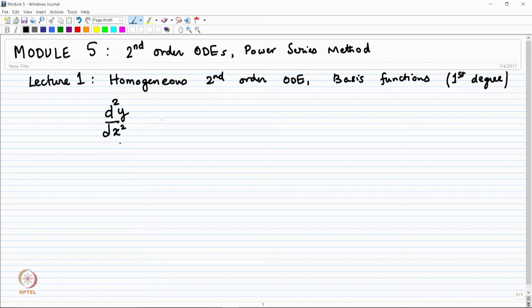Now, if you had a homogeneous second order ODE, then each term will have y or any of its derivatives to the same power. So, for example, if you have d square y by dx square, then you could have a term that has dy by dx times some function of x. Then you could have something like g of x times y, another function of x times y.